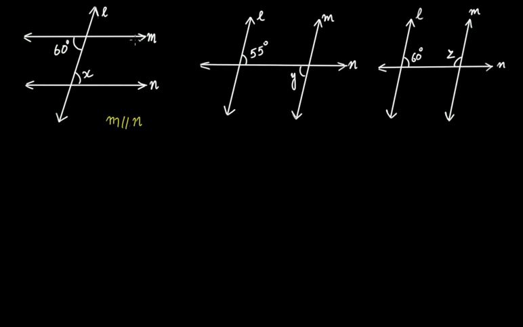Now we know that since these two lines are parallel and this is a transversal, this angle, that is 60 degree, and this angle X are alternate interior angles, and in the case of transversal to the parallel lines, alternate interior angles are always equal, right? That is a property of transversal to the parallel lines.